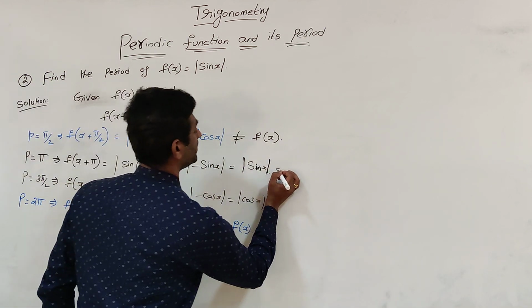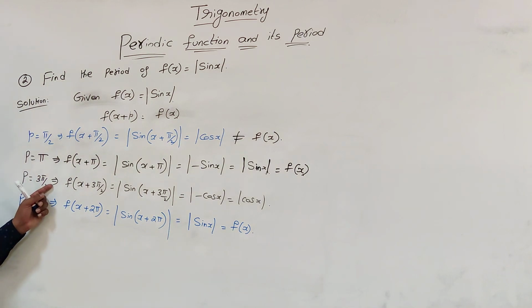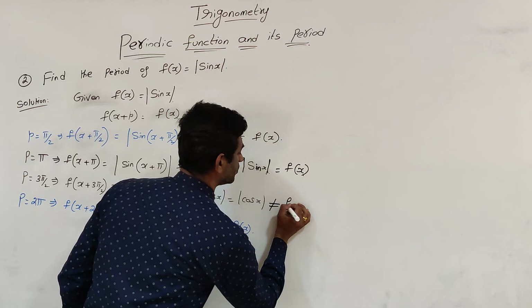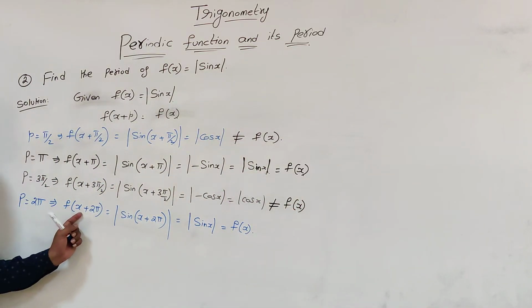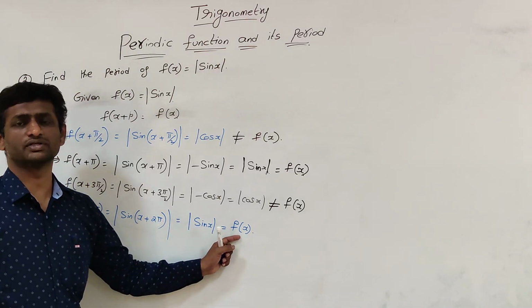So it will be f of x. Similarly, if p is equal to 3 pi by 2, it will be mod cos x, which is not equal to f of x. If I go for p is equal to 2 pi, f of x plus 2 pi is the same as modulus of sin x, that is equal to f of x.